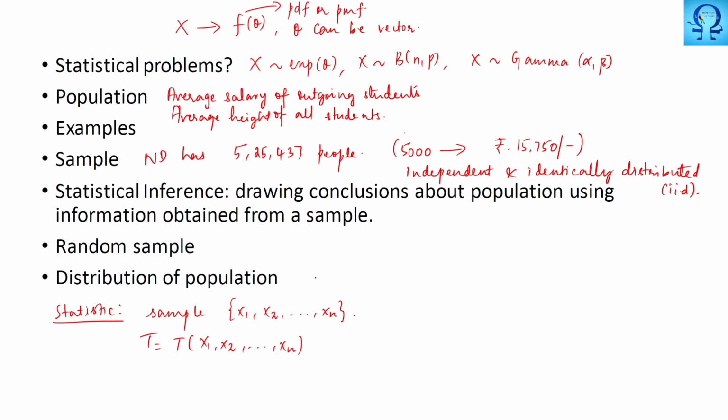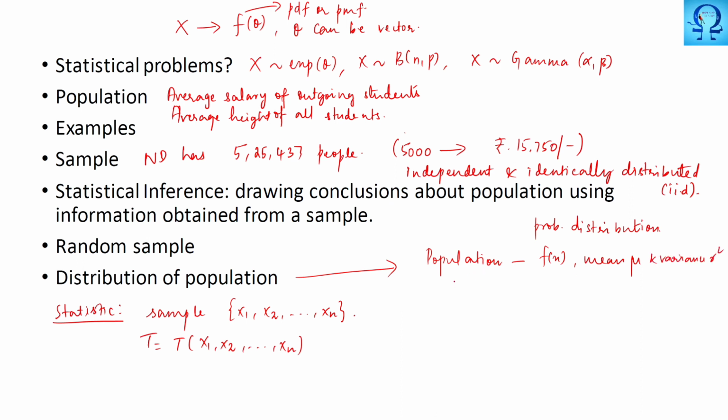Now we have another concept, that is the distribution of the population. When we select a sample from a population, it means this population has some probability distribution. Again, here we are not specifying whether it is continuous or discrete. Probability distribution f of x with mean mu and variance sigma square.